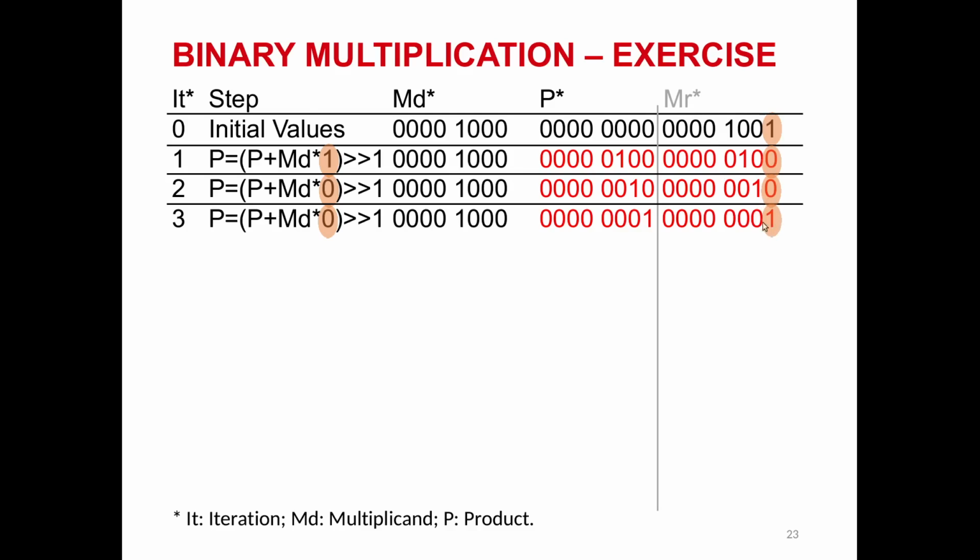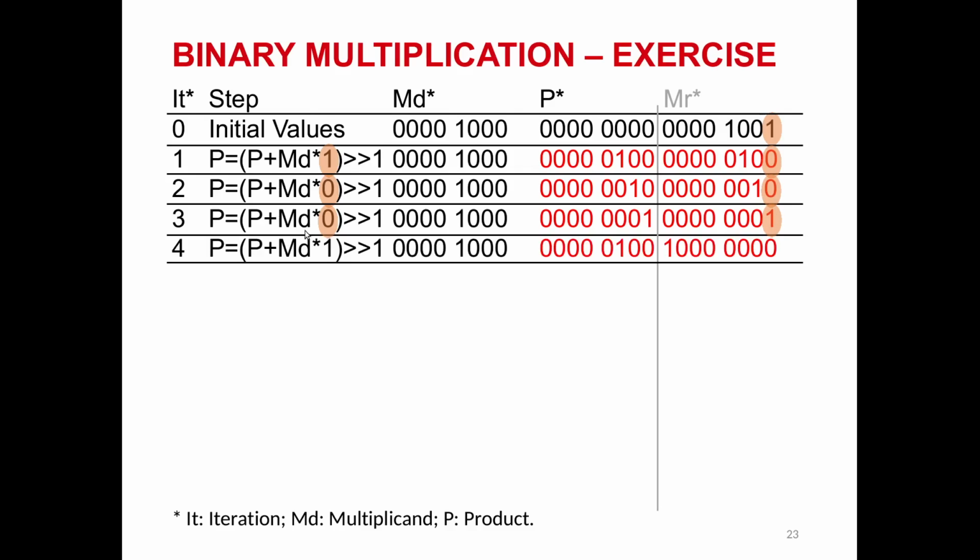So in that case we need to multiply this 1 together with MD before adding together with the most significant 8 bits of P of products, and then shift all the product to the right for 1 more bit.